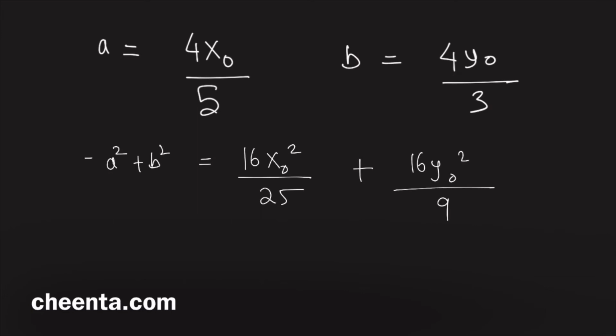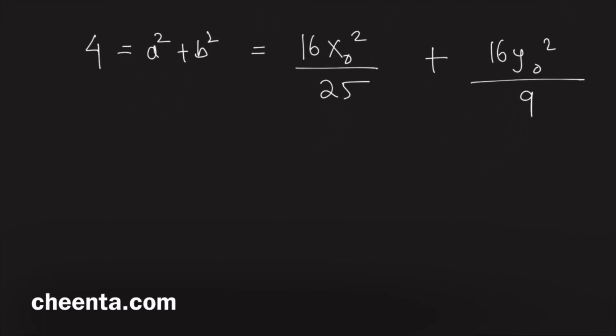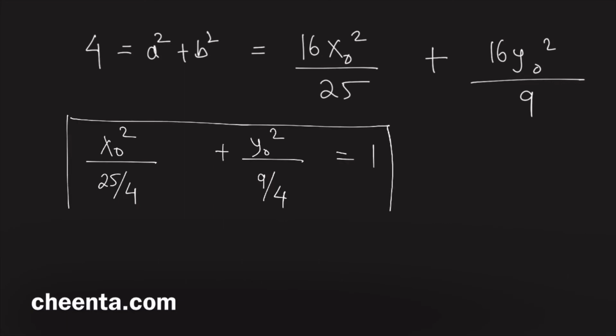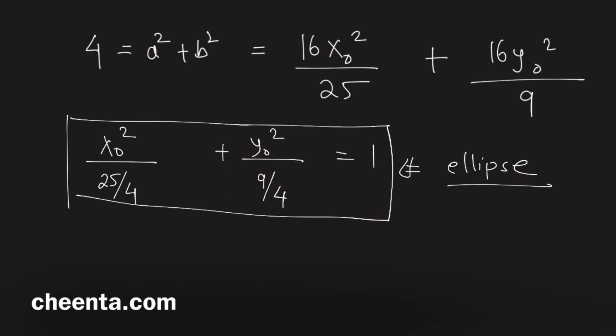But this is equal to 4, we know already. So we can just divide by 4 on both sides. So we have x0 square by 25 by 4 plus y0 square by 9 by 4 equals 1. And we know what this thing is. This is an ellipse. So z plus 1 by z is after all an ellipse.